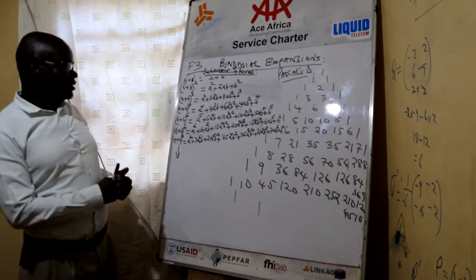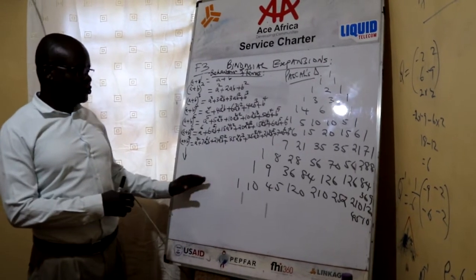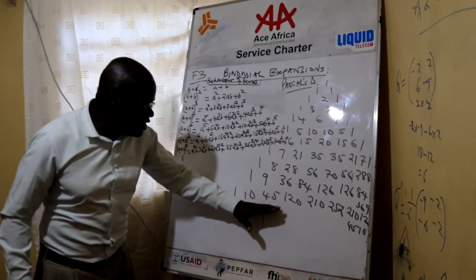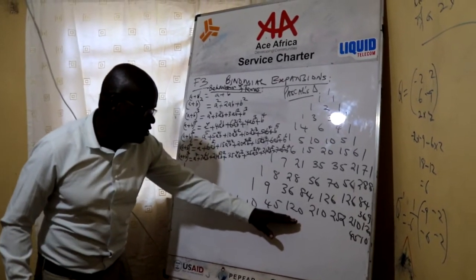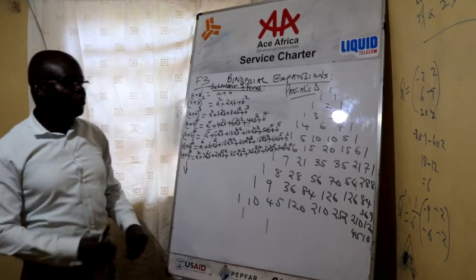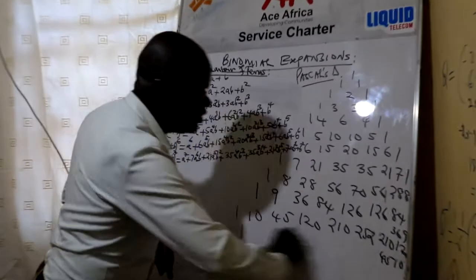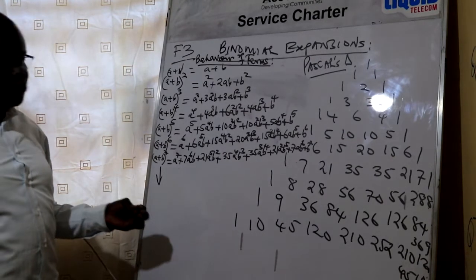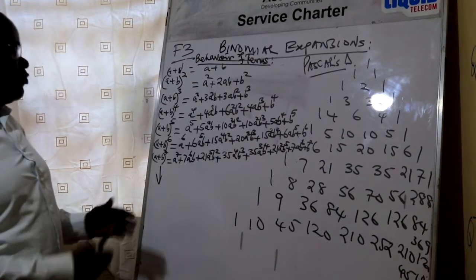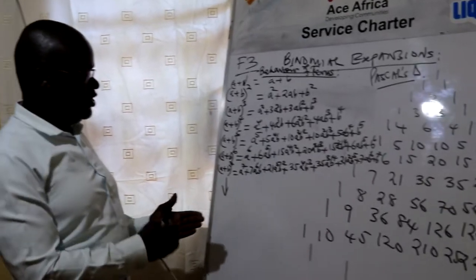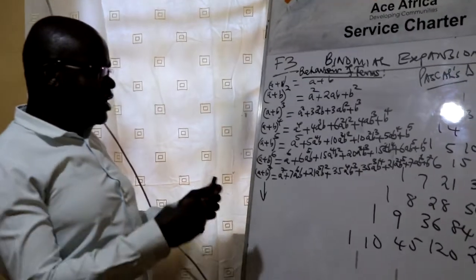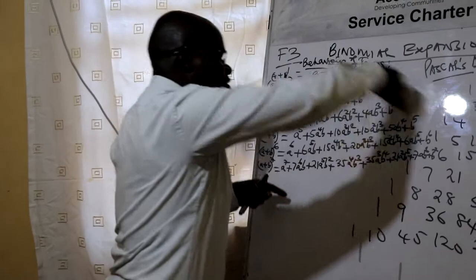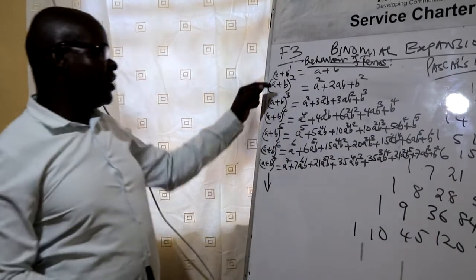Otherwise, if they ask us to expand, for instance, raised to 10, they may only require the first 5 terms, the first 3 terms, or the first 4 terms. They will not ask us to expand the whole of it up to the end in a KCSE exam situation. What happens is they will only require a part of it. So we have determined that the first and last terms will be bearing the external powers.